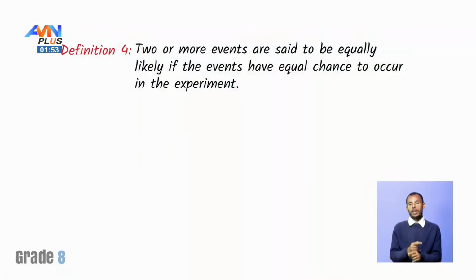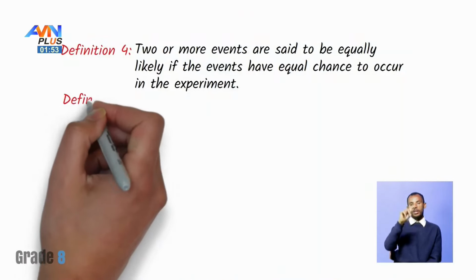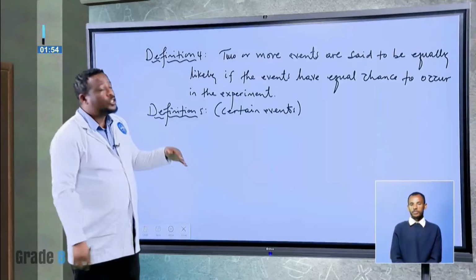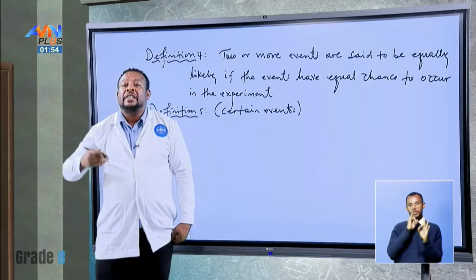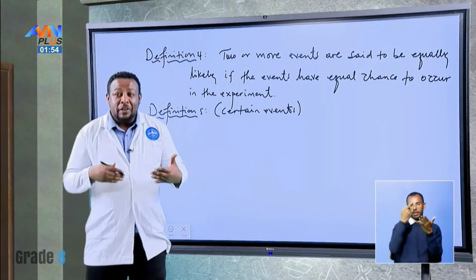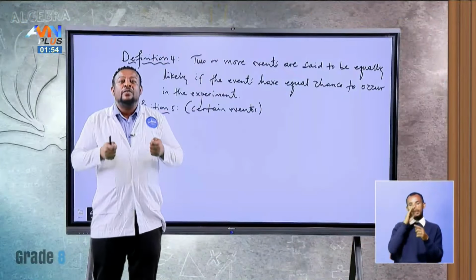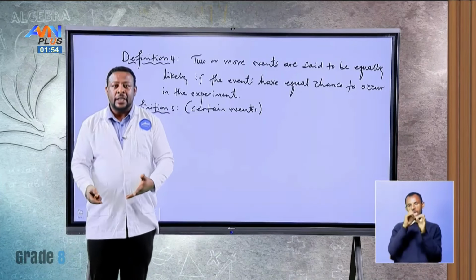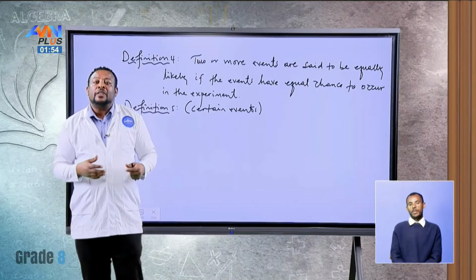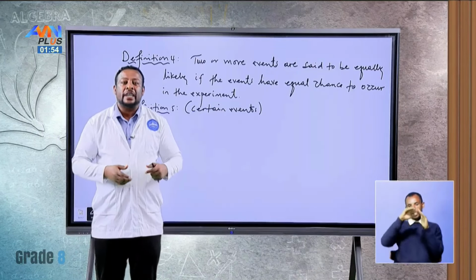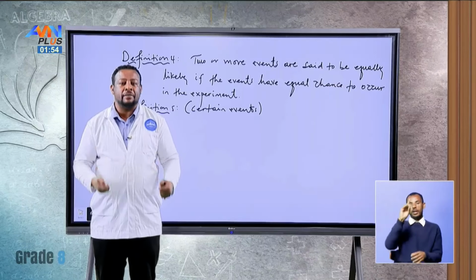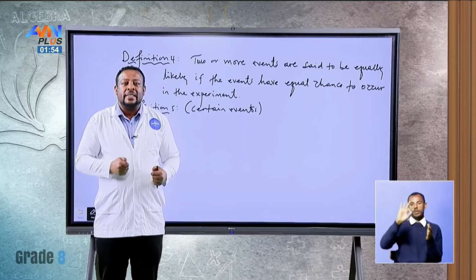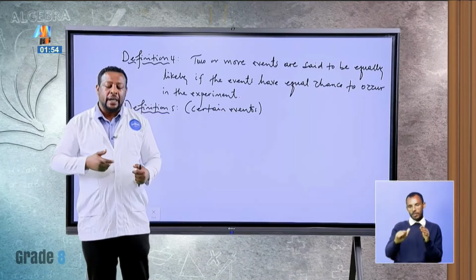Definition 5 is about certain events. Here an event is said to be certain if we are sure it occurs at any performance of the experiment. For example, the event of getting a number less than 7 in throwing a die is a certain event, because we are sure that we obtain a number less than 7 in any performance of throwing a die.